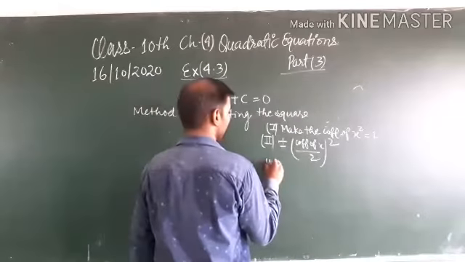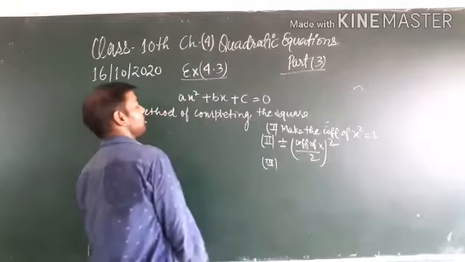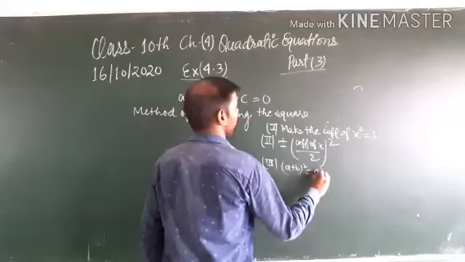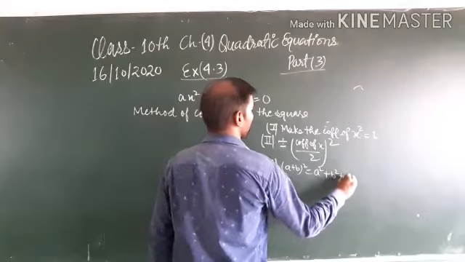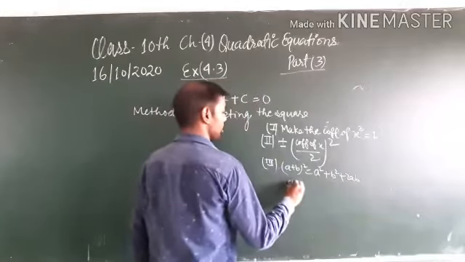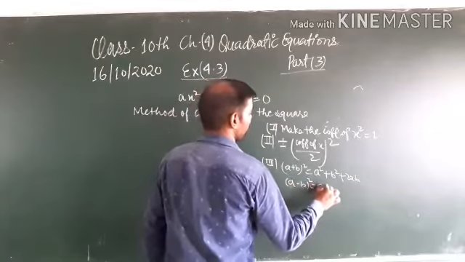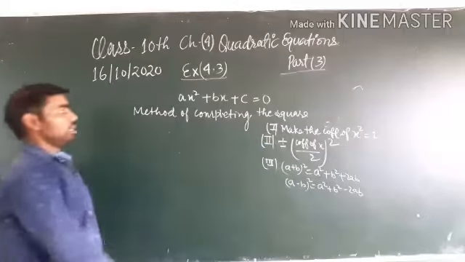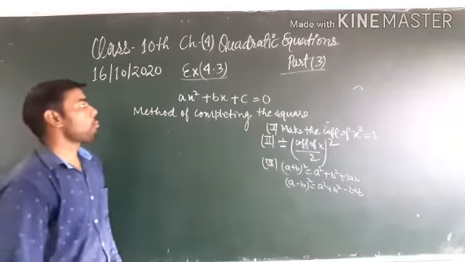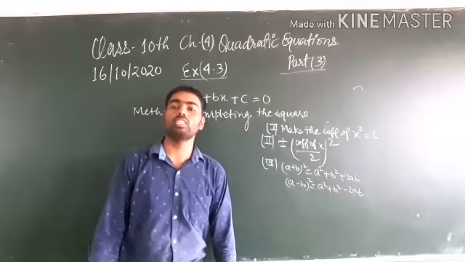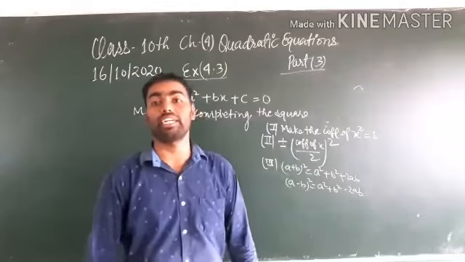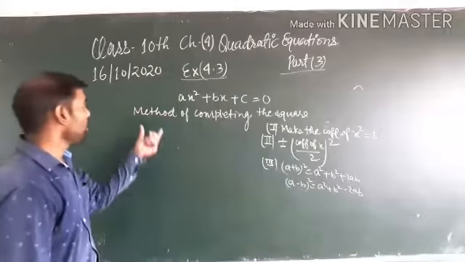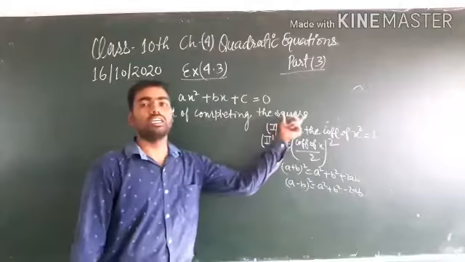And in the second and third steps we use a formula: a plus b whole square is equal to a square plus b square plus 2ab, and a minus b whole square is equal to a square plus b square minus 2ab. To find the solution of a quadratic equation by the quadratic formula, we use this method. So we discuss the method of completing the square.